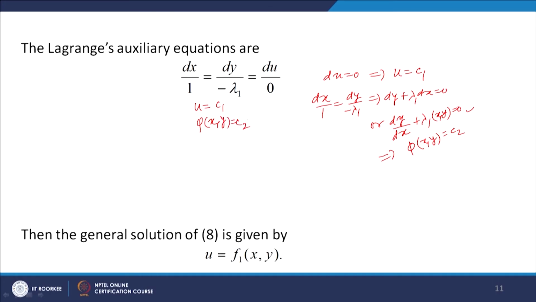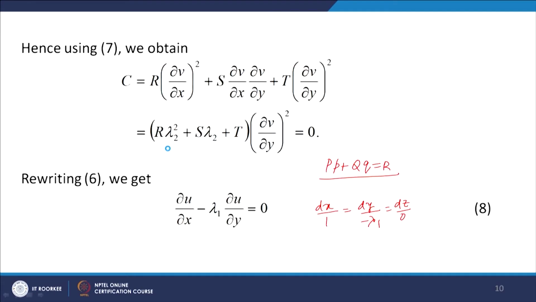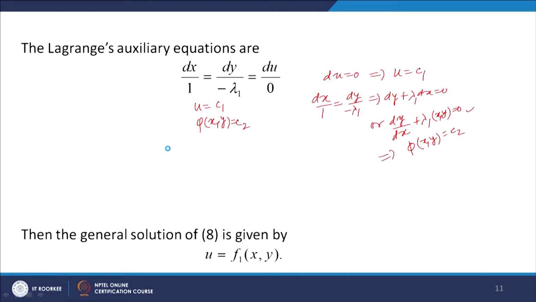And therefore, the general solution of this equation ux minus lambda 1 uy equal to 0 will be a function of, you can say, C2 will be a function of C1, or C1 will be a function of C2. So, C2 will be a function of C1. Let us say psi of C1.